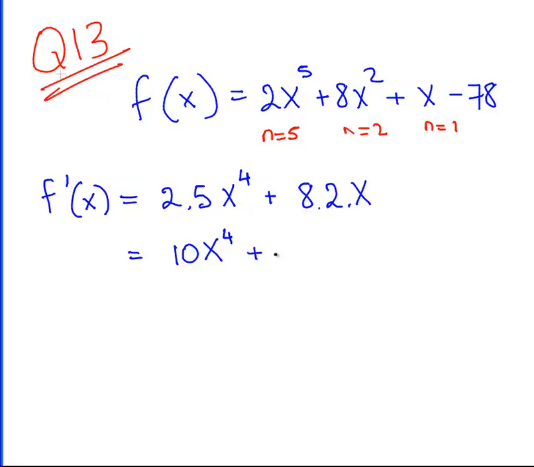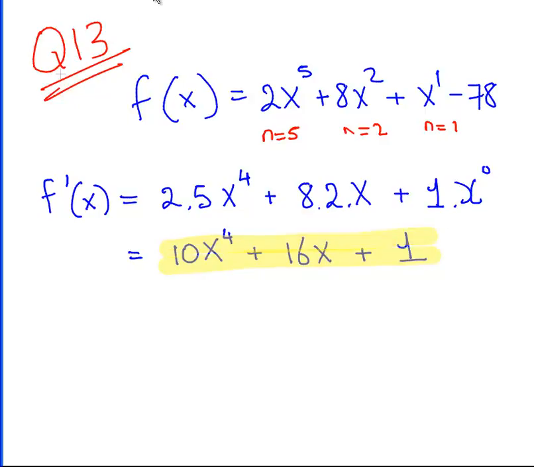So what we have here is 16x. Now, plus x, we can write that as x to the 1, so we have 1 times x to the power of 0. Anything to the power of 0 is necessarily 1, so what we end up with here is simply 1. So the answer to this one is 10x to the power of 4 plus 16x plus 1.